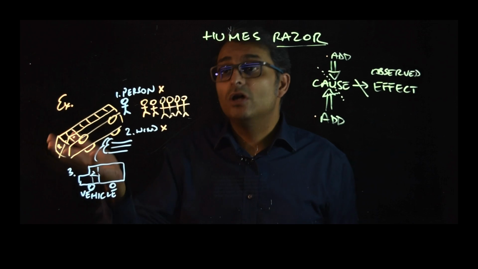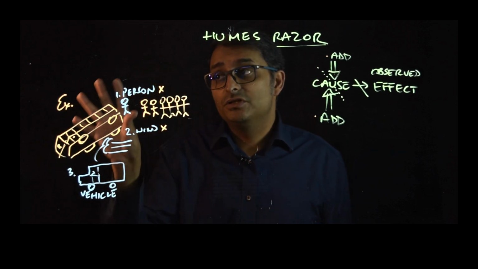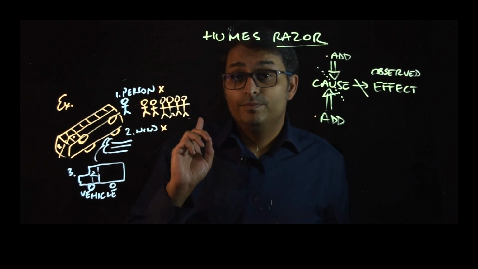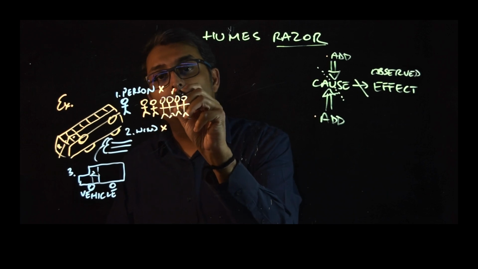With one person you can't do it. The only way we can make that cause sufficient for this observed effect is if there are many people. So that's one addition. So I'll just put add here.